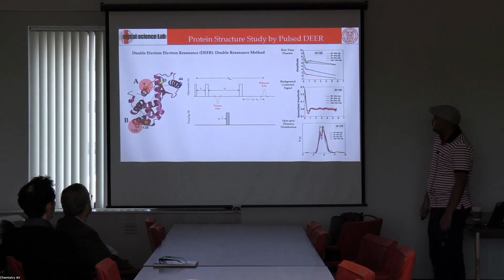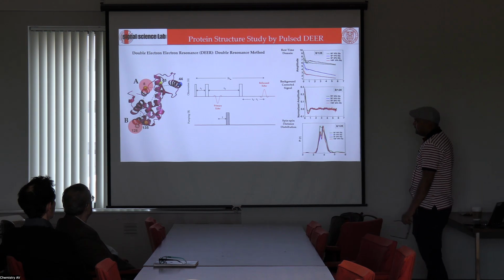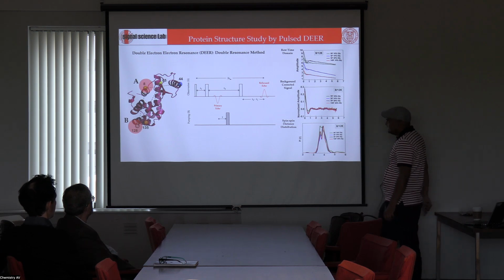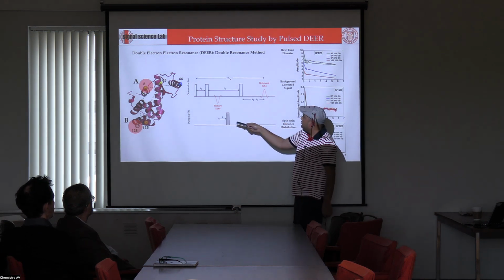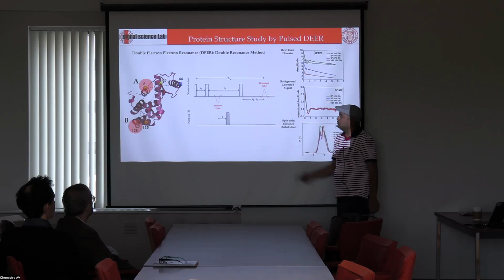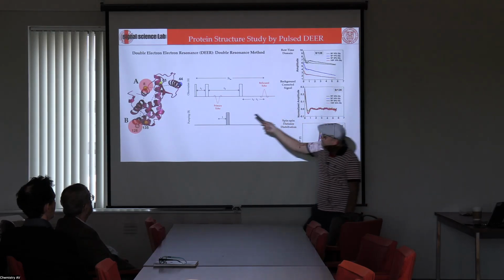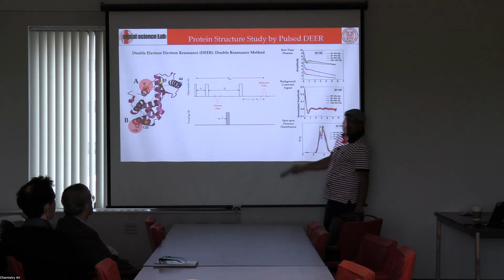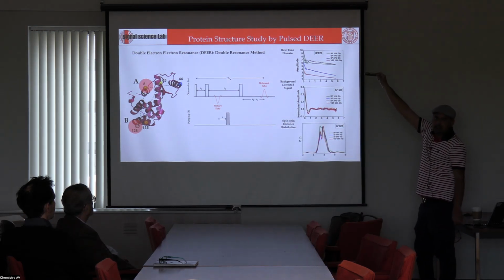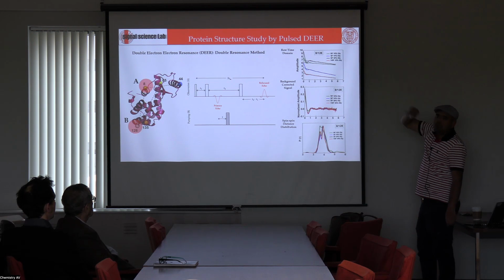So this is a pulse sequence of a pulse dipolar ESR. It's called the DEER method, where you apply, in this case, an observation pulse and a pump pulse to get a particular signal called an echo. And you don't just get the data between two spins, because there are other molecules too, so you also get intermolecular distances.